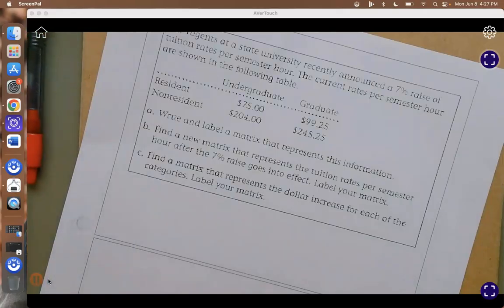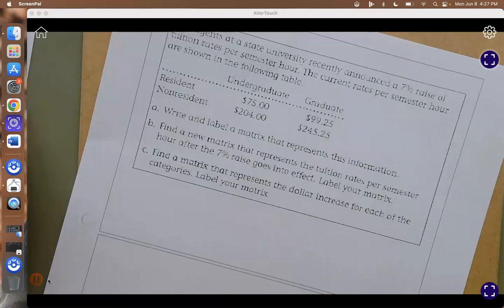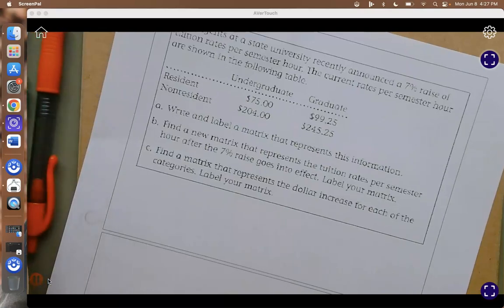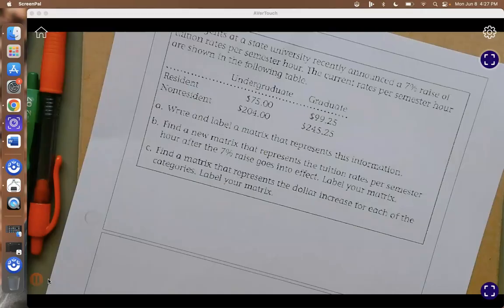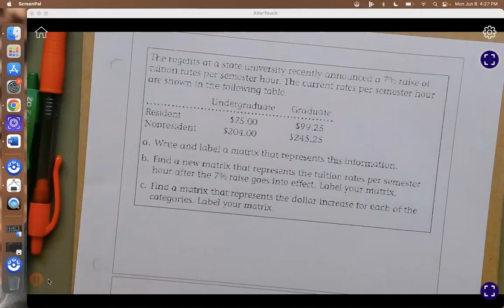All right, last problem. The regents at a state university recently announced a 7% raise of tuition rates per semester hour. That happens all the time. Current rates per semester hour are shown in the following table.